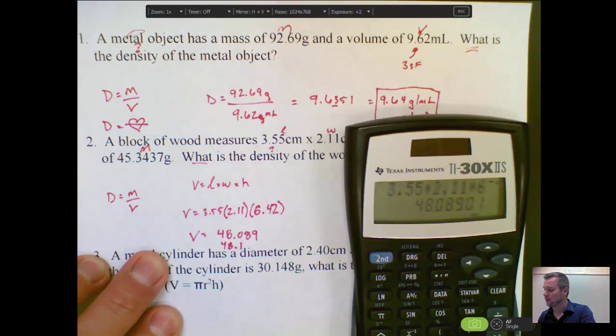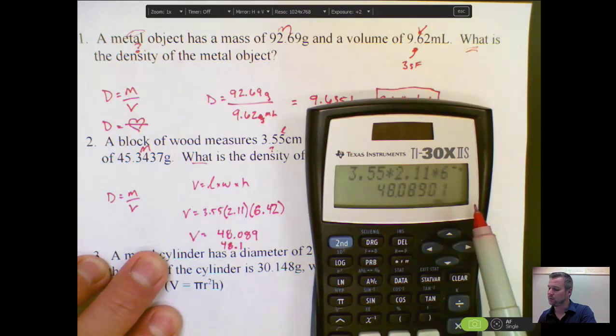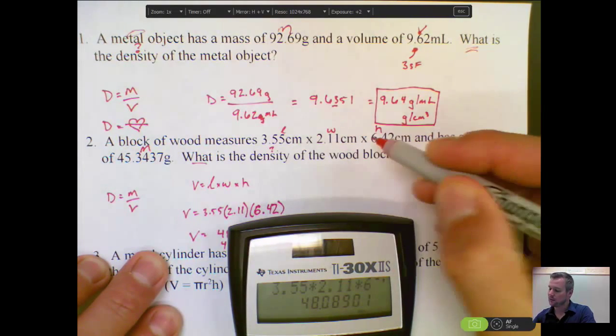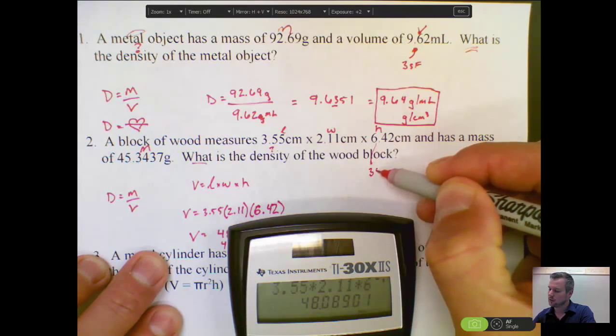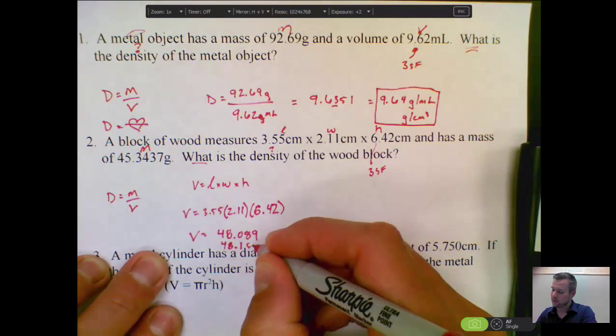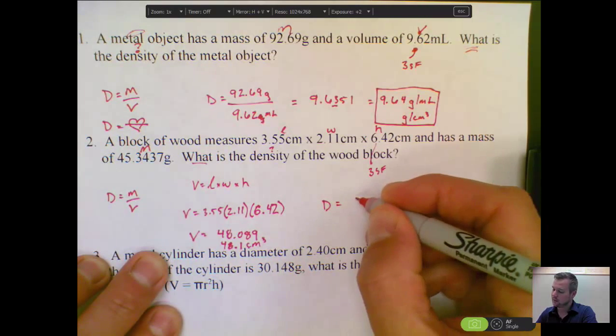So our calculator at the intermediate problem of determining your volume gives you this value. If we're going to answer, we would have 3 sig figs from any of these measurements. But we're not done at this point. So centimeters cubed. We need to solve for the density.